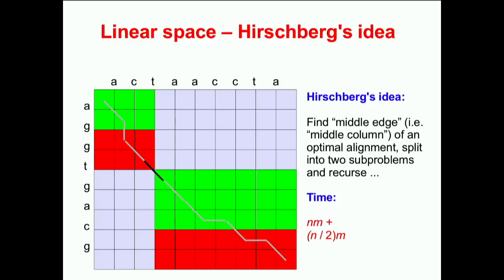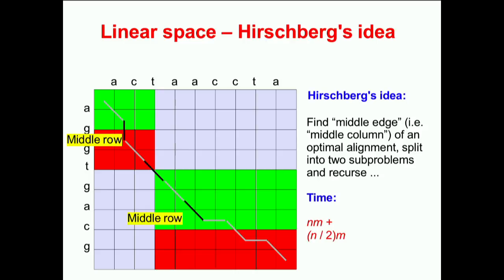I still haven't told you, and I will actually not in this lecture, how you find that split. But you can find that split in mn time. It's actually expensive. Finding the optimal path's splitting location is as expensive as calculating it, but that's okay, because the extra recursion will not have asymptotically more time. So the sum will still be mn. So here's what's happening. Mn is finding that split.